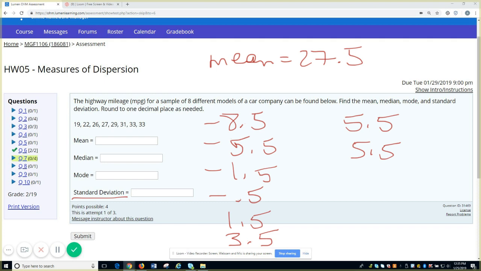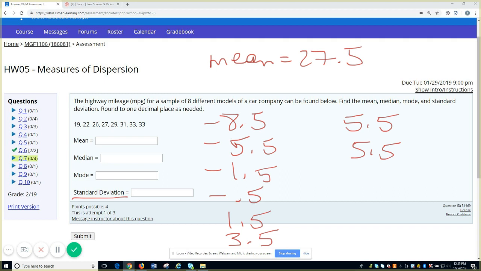I'm just adding up all my deviations to see if they cancel out, just to check myself before I go on. Good. All right, so these are my deviations.